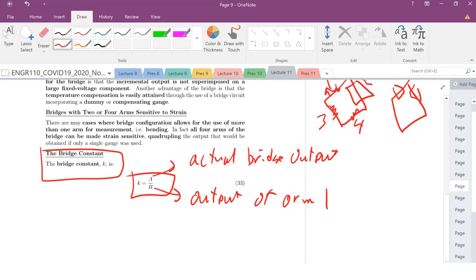So this is going to be the output of R1, and A is going to be the total output. We're going to see what this is in a second. We'll come back to bridge constants and how we calculate that in just a bit.